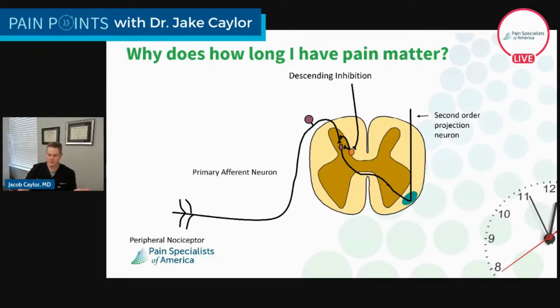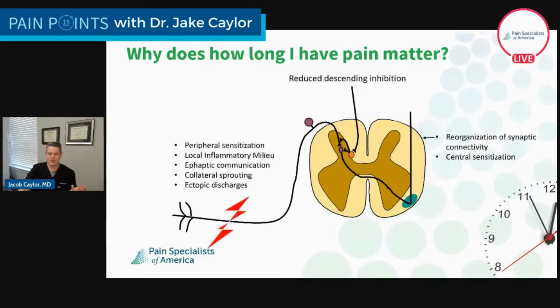Well, your brain and spinal cord adapt to this. And what happens is this thing called peripheral and central sensitization, whereby continued stimulus, so continued pain signals to the brain, reinforce that circuit and make it more difficult for our brain to control the information.